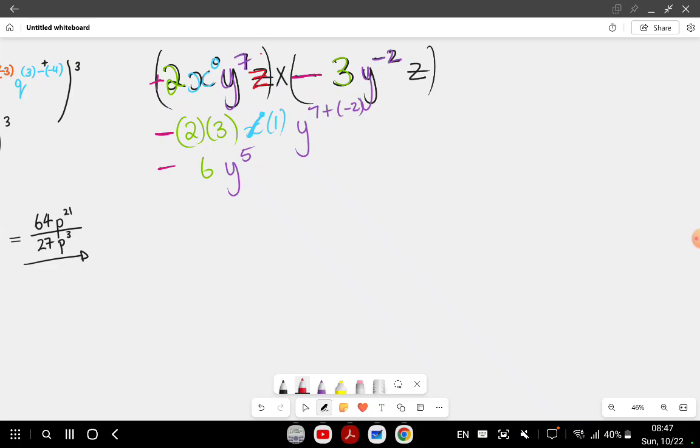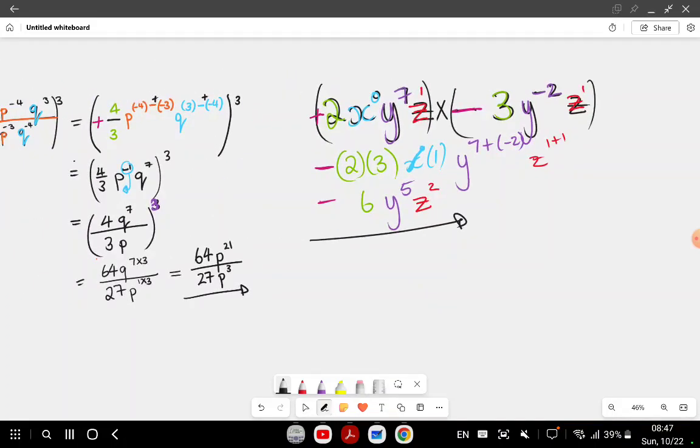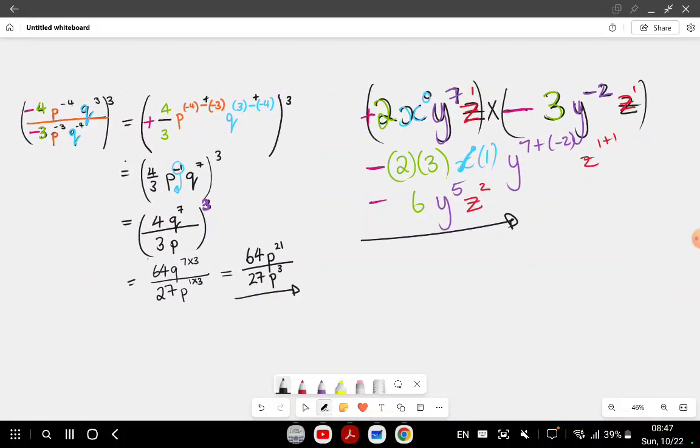So that's z^1 and z^1. So z^1 plus 1 means we have z^2. And that's your final answer. Negative 6y^5 z^2.